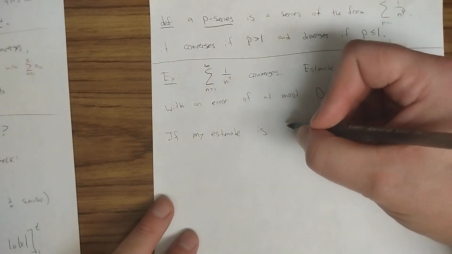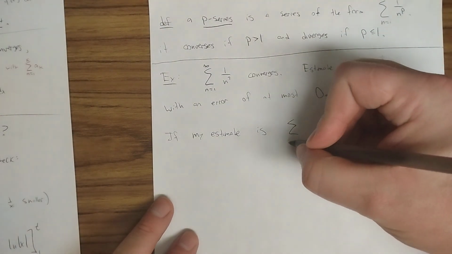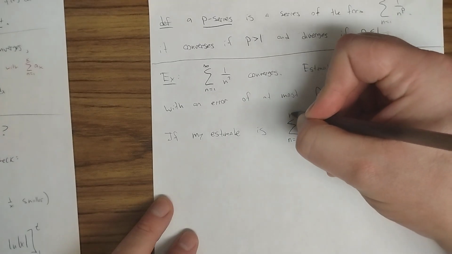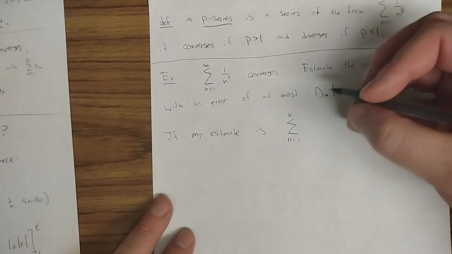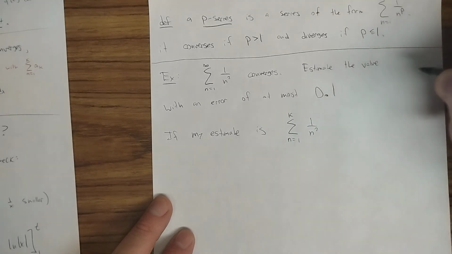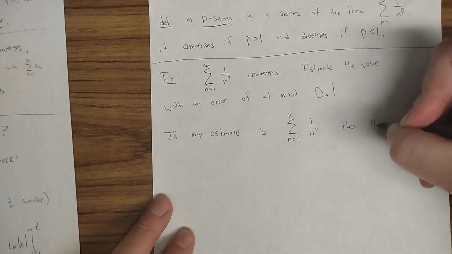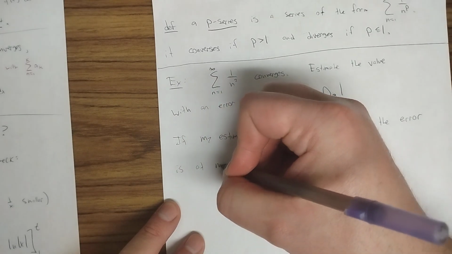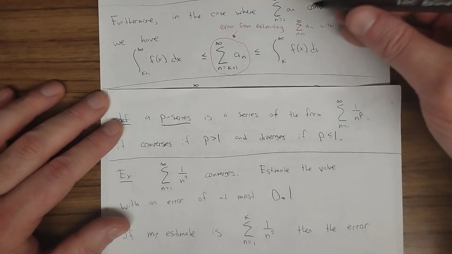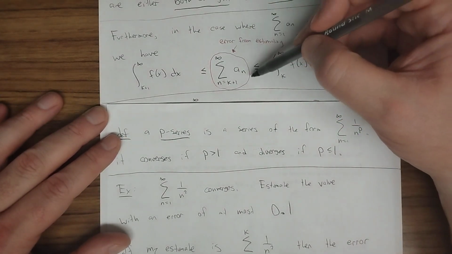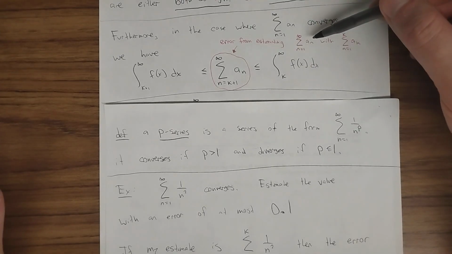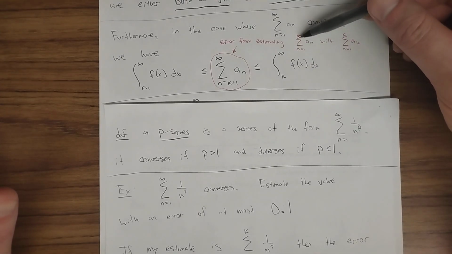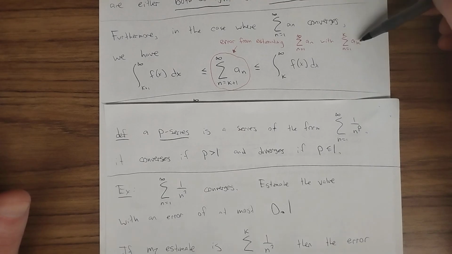So if my estimate is going to be the sum from 1 to k, then the error, maybe I should put this on the screen. This is the amount of error from estimating an infinite sum that starts at 1 and goes to infinity with a partial sum which stops at n equals k.